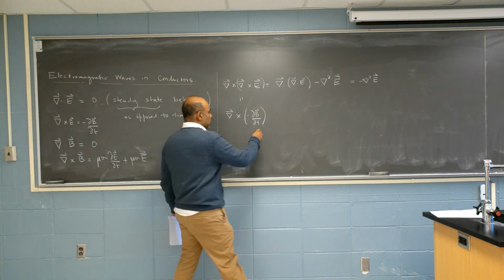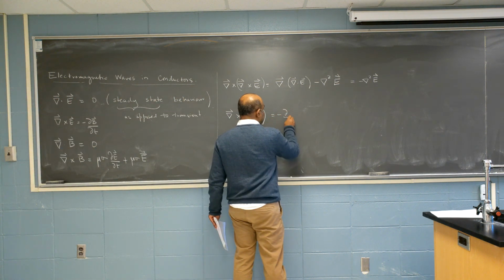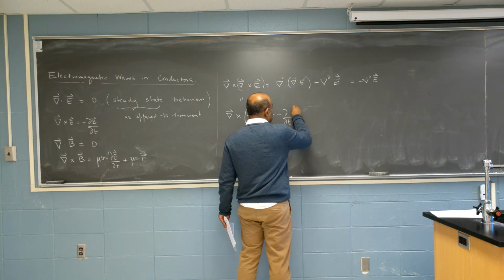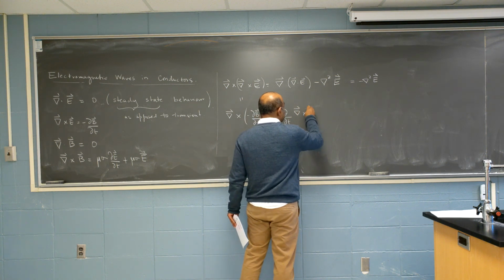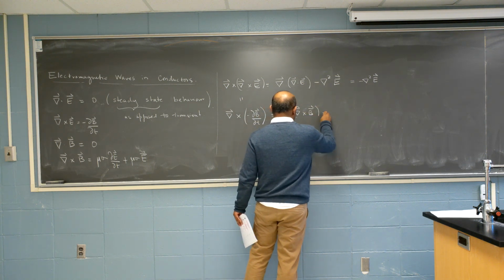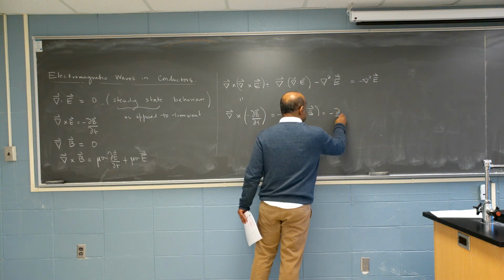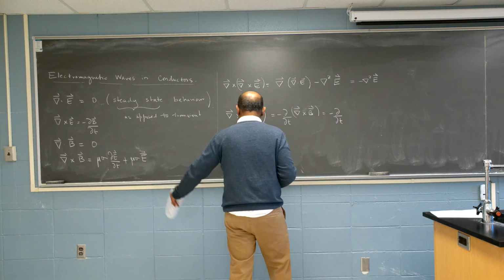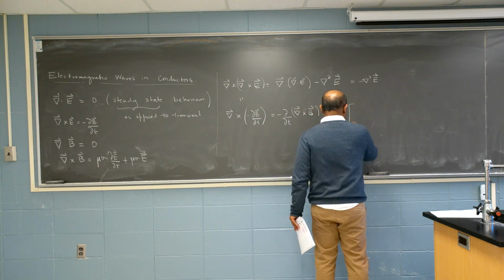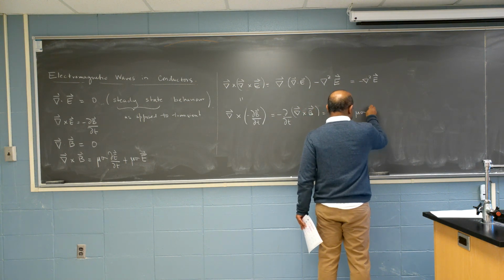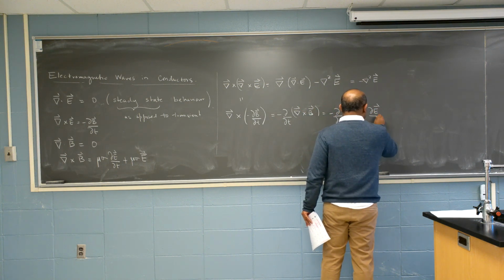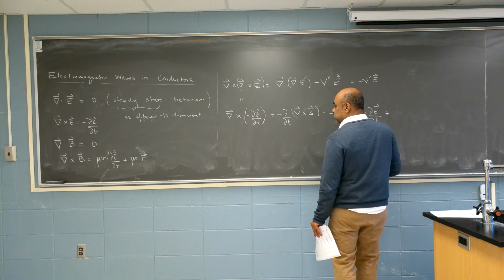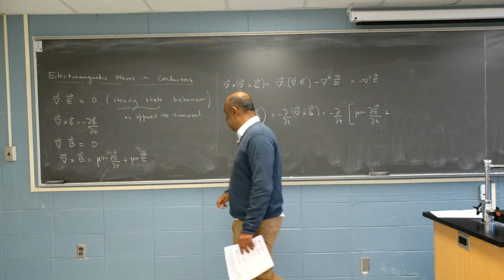Partial derivatives commute, so I can do negative dt of curl of B. And then I write out the last of Maxwell's equations, mu sigma E plus, oh, there's somewhere a mistake.